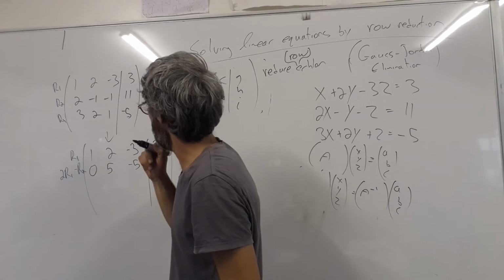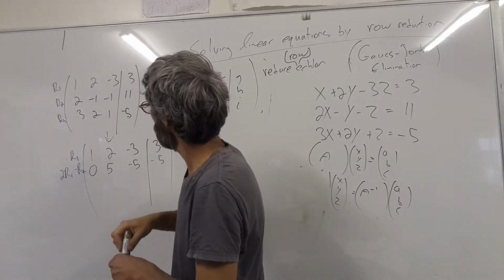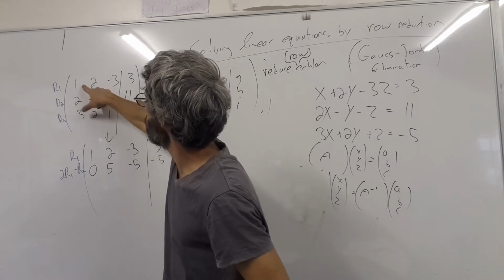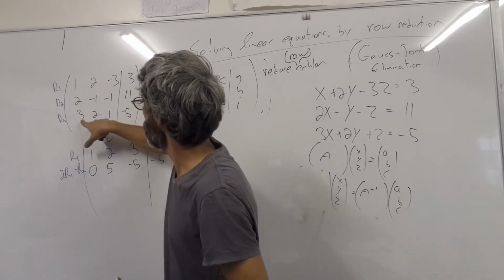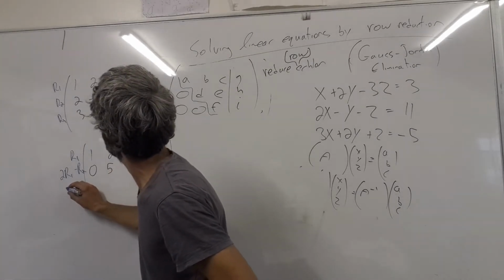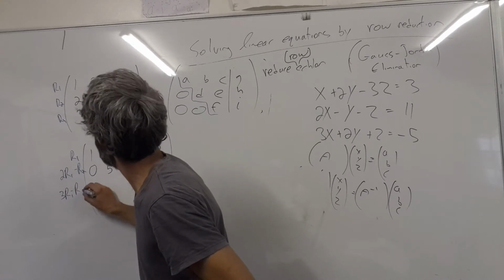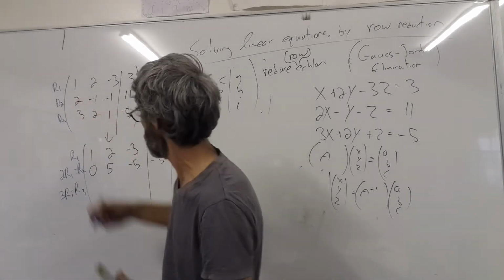Now, alright, we want to get rid of the 3. So we will do it in 2 steps. First of all, I would use the first row, it will be easier to get rid of that. Do you want to have a go? How can we write it? Well, 3 times R1 minus R3, right? So 3 times R1, so 3 minus 3, great.